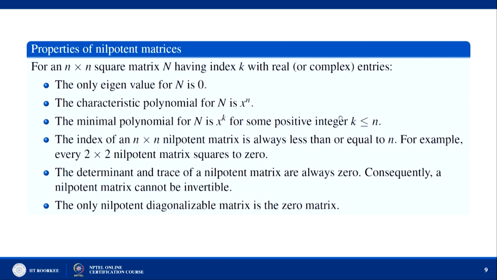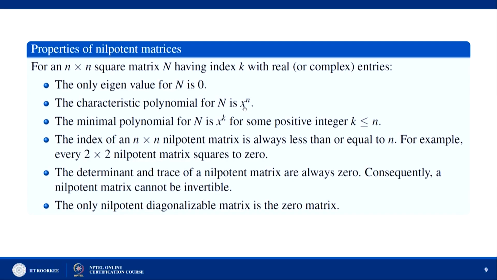Next, the index of an n cross n nilpotent matrix is always less than or equal to n. That is very easy to show, because the Cayley-Hamilton theorem is always satisfied. If the k in the minimal polynomial is less than n, that will be the index of the nilpotent matrix.